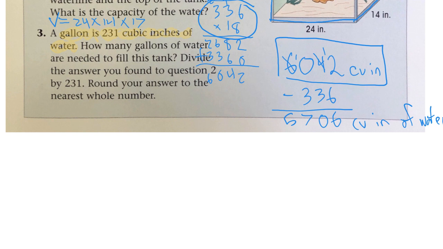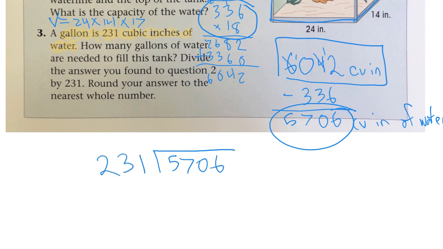And the math problem would be to take this 5,706 and divide it by 231. So that would be 24.7, just for the sake of speed.